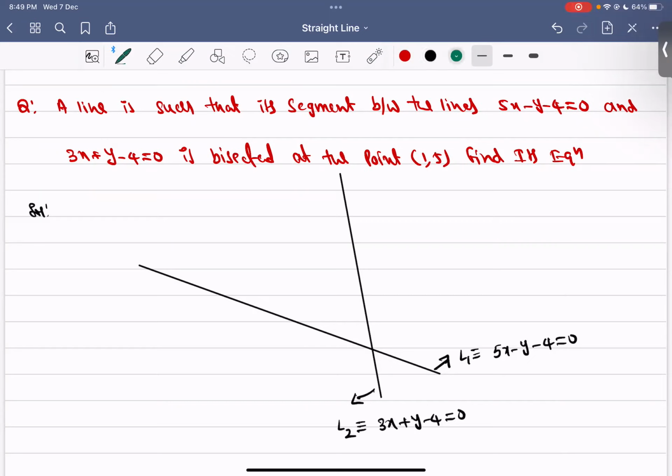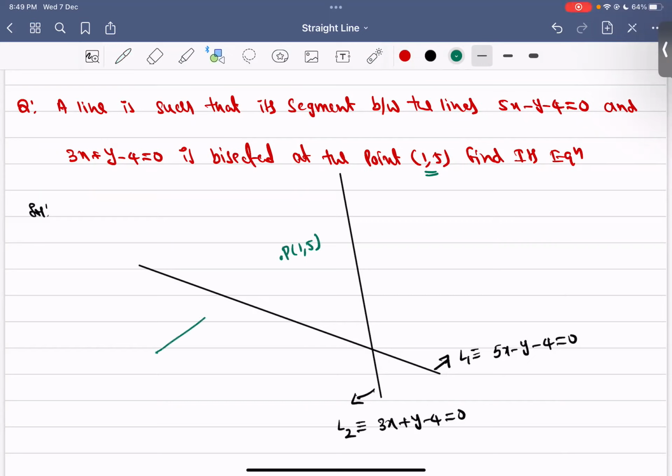Now a line is such that its segment between the lines 5x minus y minus 4 equals 0 and 3x plus y minus 4 equals 0 is bisected at the point 1, 5. Suppose this is 1, 5.